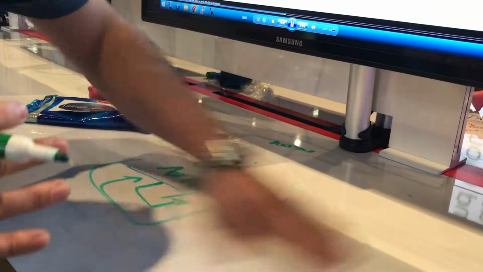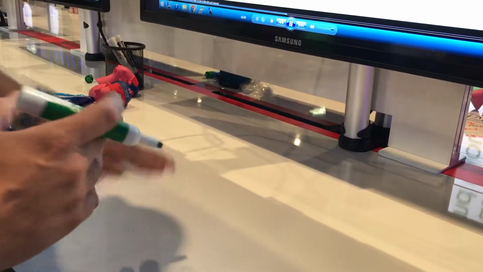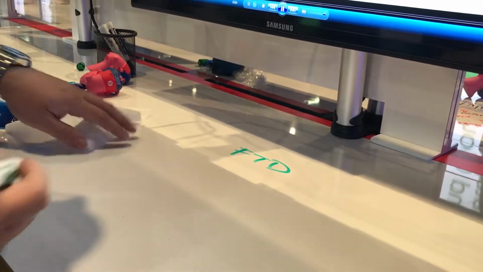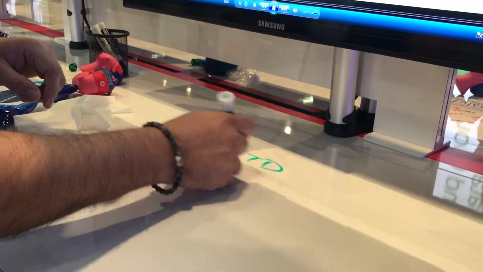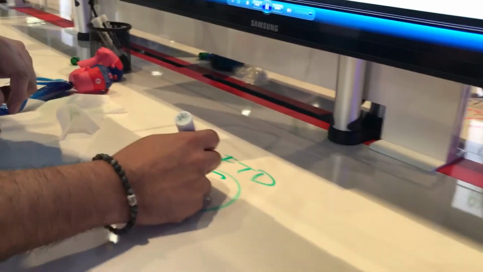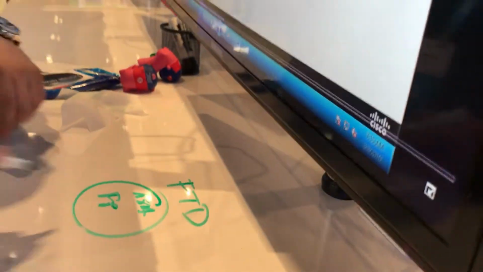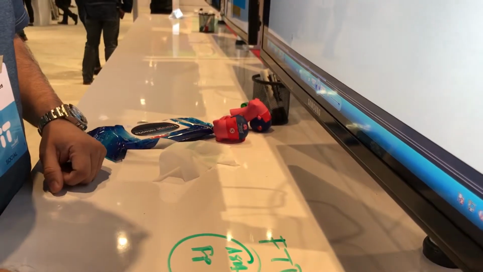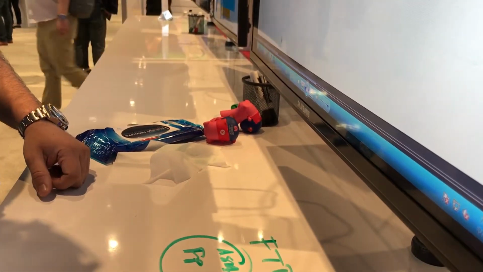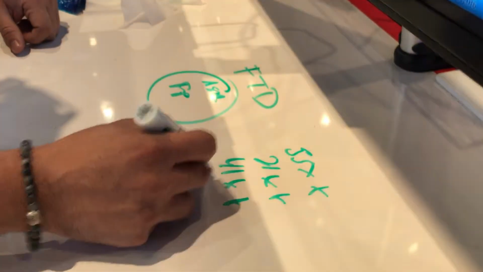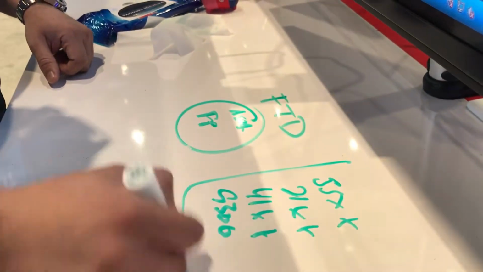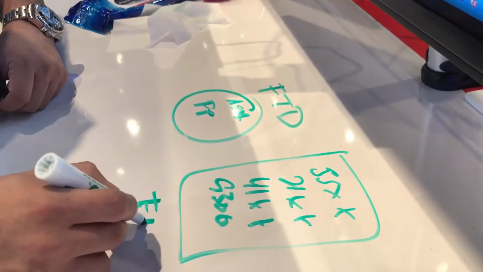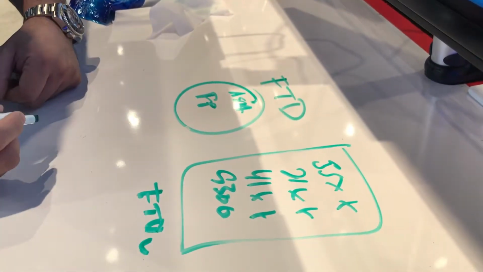Now what we've done is we've created FTD. Okay? FTD is a combination of one OS with the capability of ASA with Firepower services in one unified image. Okay, so the 55XX, the 21XX, the 41XX, and the 9300s all can handle FTD. This comes in a virtual version as well.